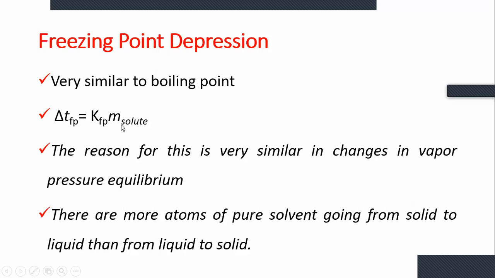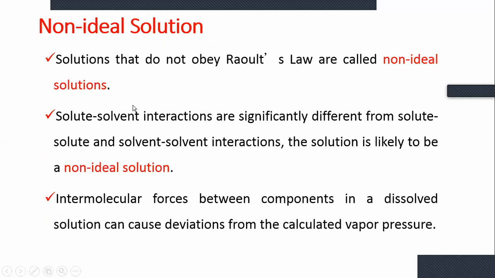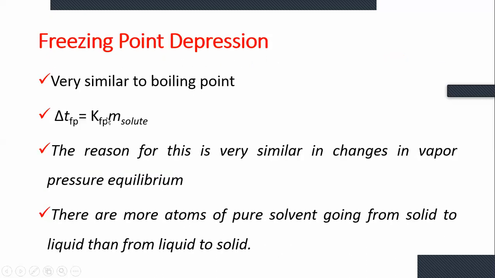We are multiplying by the molality of the solute because it is non-volatile. So when you want to calculate this, you're looking at the molality of the solute, and that's why we are using molality and not molarity, because molarity has to do with volume, something in liquid. Molality has to do with mole per kilogram of our solute.